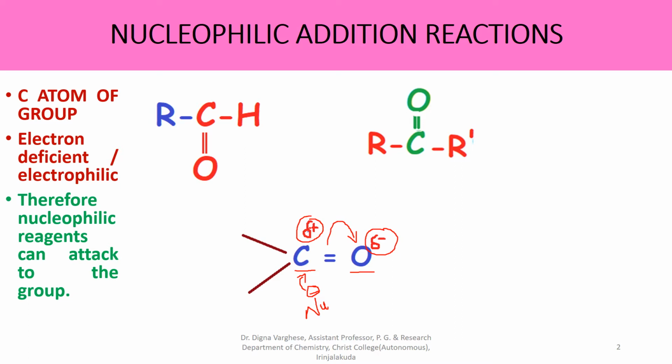So the nucleophilic reagents can attack the carbonyl group. In the carbonyl group, the carbon acquires a positive charge due to the highly electronegative oxygen atom. So the nucleophile can attack towards carbon. Thus, aldehydes and ketones undergo nucleophilic addition reactions.